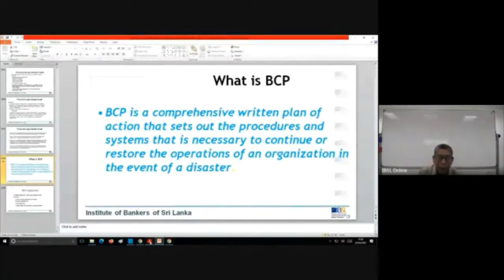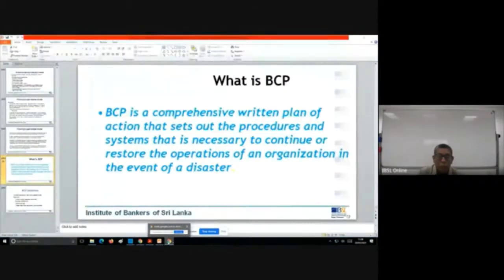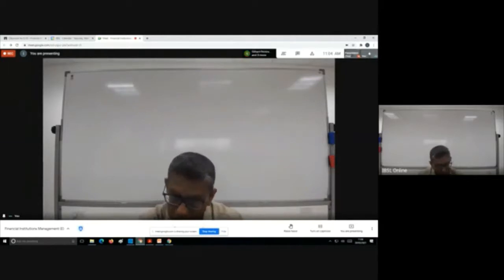As I explained to you, according to the central bank direction, we need to prepare three types of plans. So these three types of plans are strategic plan, succession plan, and succession and BCP plan.